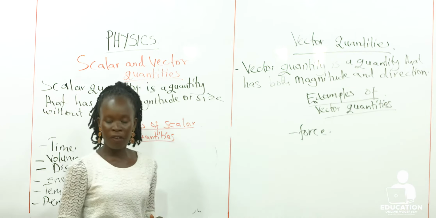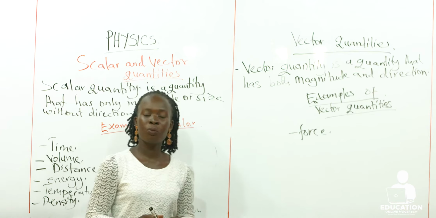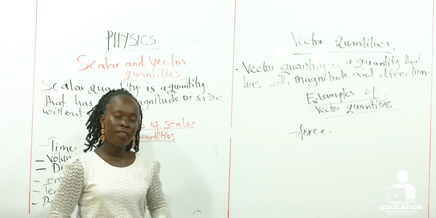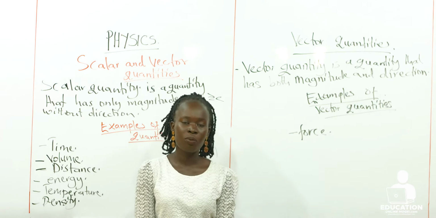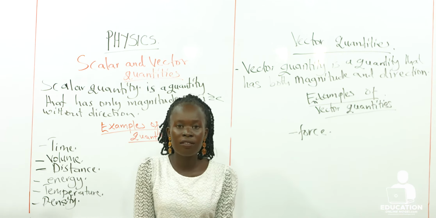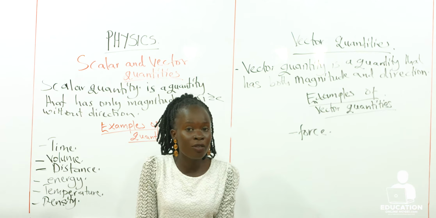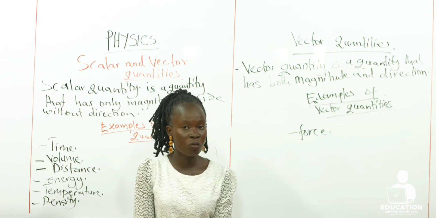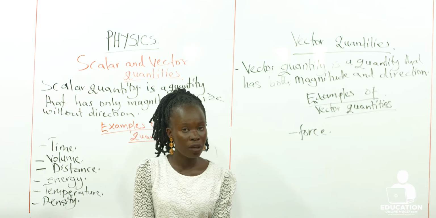We say that force acts in a specific direction. But then this force that is acting in a specific direction has a size. How much force do you apply for the force to move in that direction?